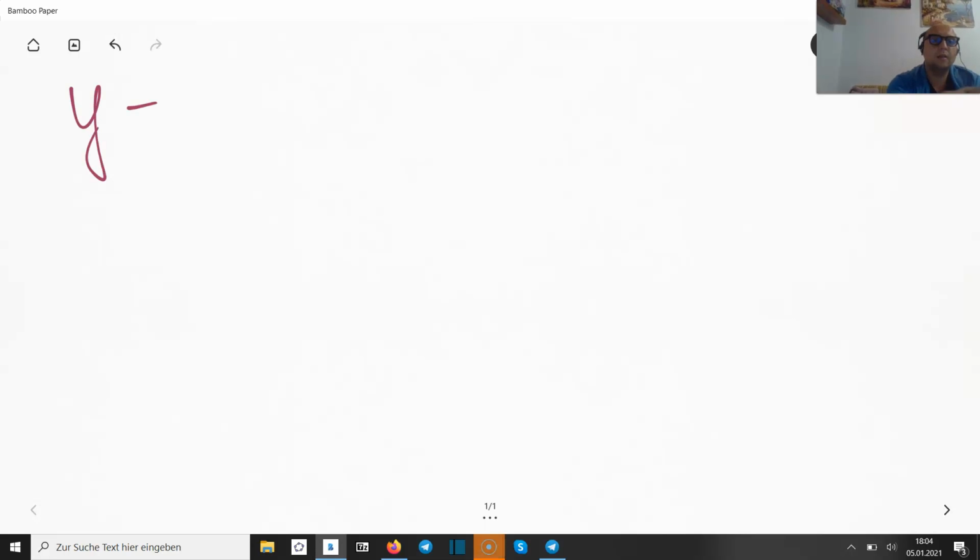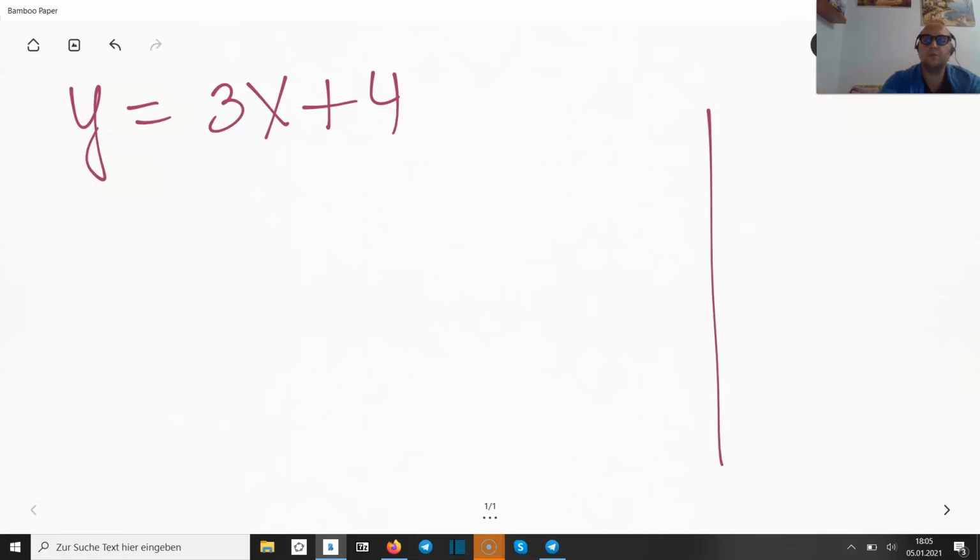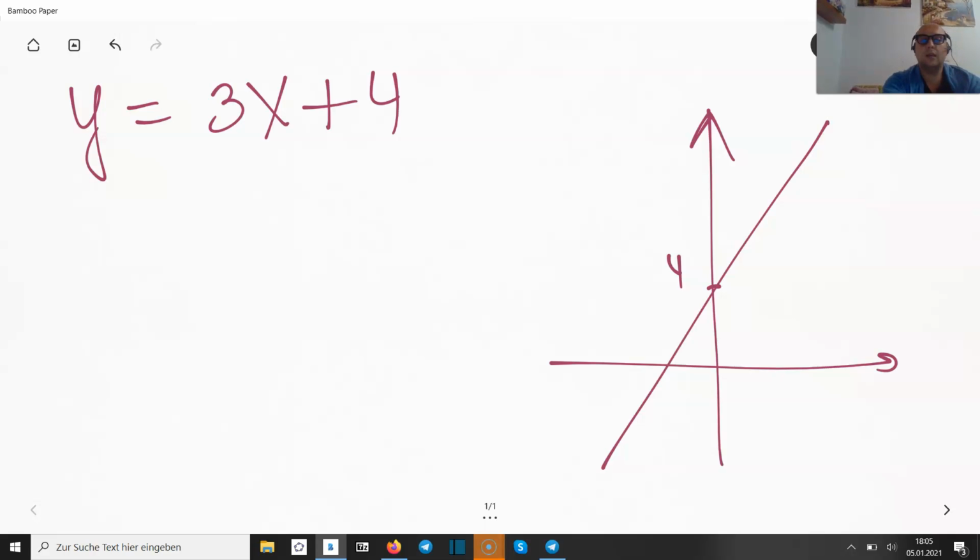So y is equal, for example, to 3x plus 4. How can we compute the inverse function to this? Well, you see, this is the graph of 3x plus 4. It looks like this. This is 4 and the slope is equal to 3. What the inverse function is actually doing is rearranging the x and the y values.